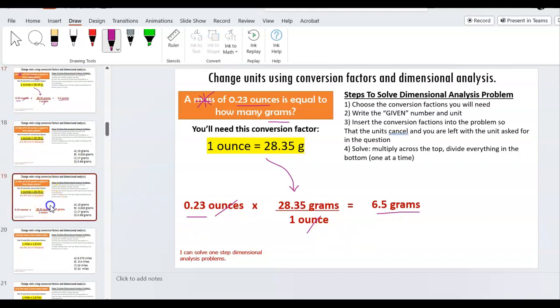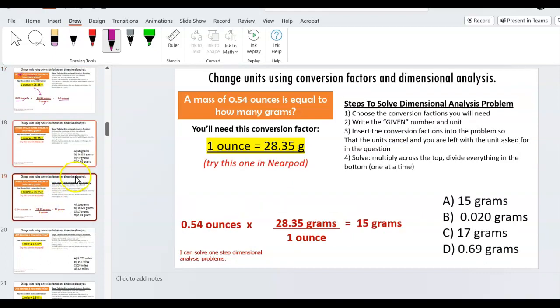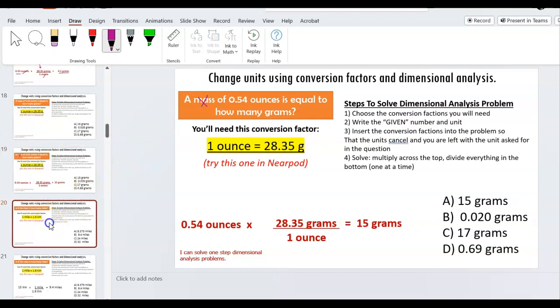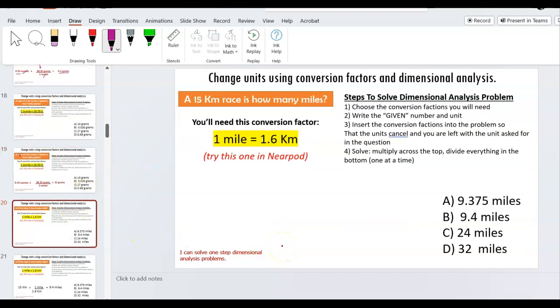I think we only did one in class, maybe. Let's go to this one, since I think we did that one in class, but we may have looked at this one too, actually. But let's go ahead and pause here if you want to try to work it out. We're changing 15 kilometers to miles. So pause here if you want to give it a try, then I'll flip the slide.